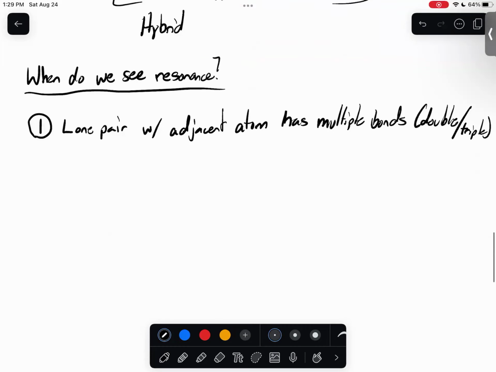We see that in this situation we have that nitrogen that had a lone pair, and then adjacent to it is this carbon atom that has a double bond, right?